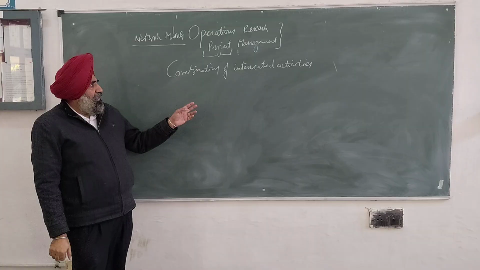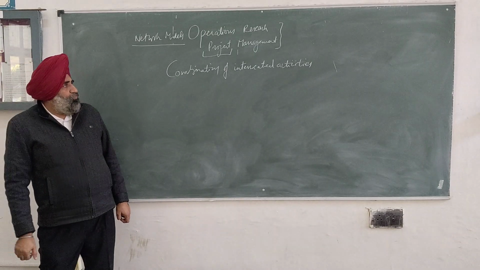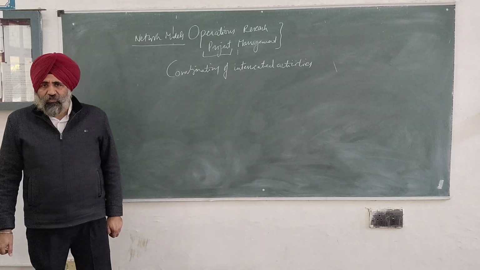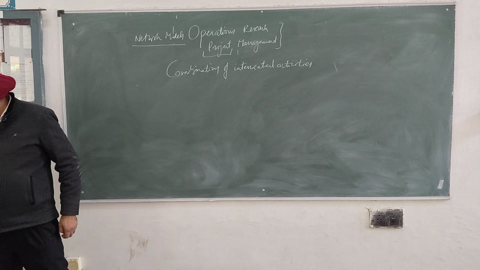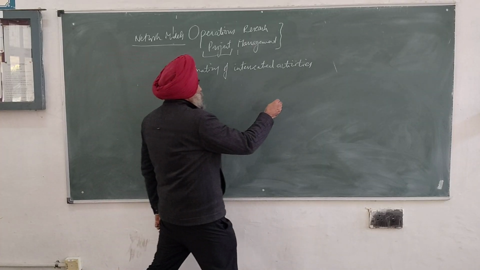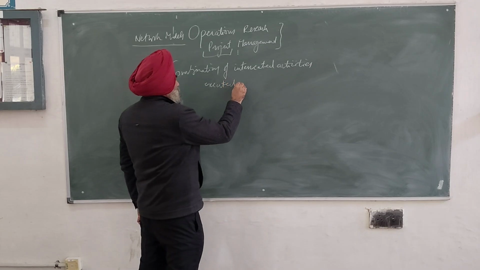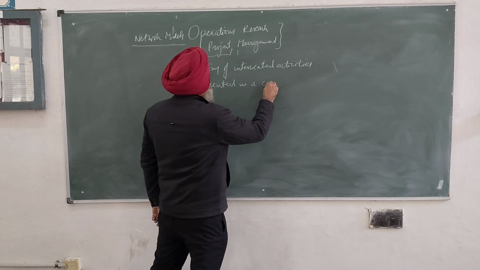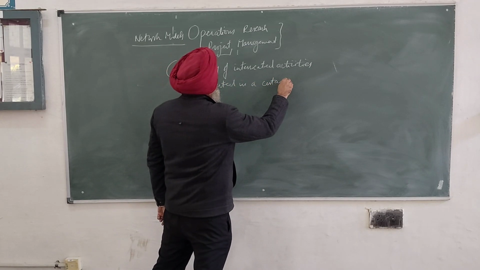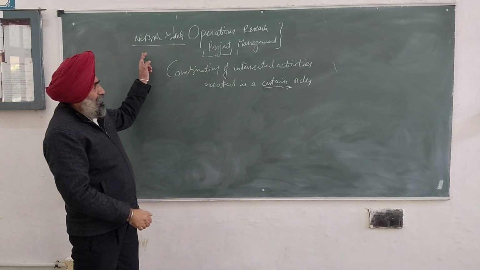A project is defined as a combination of interrelated activities which must be executed in a certain order. This certain order we will define later on, because it basically represents the network model.